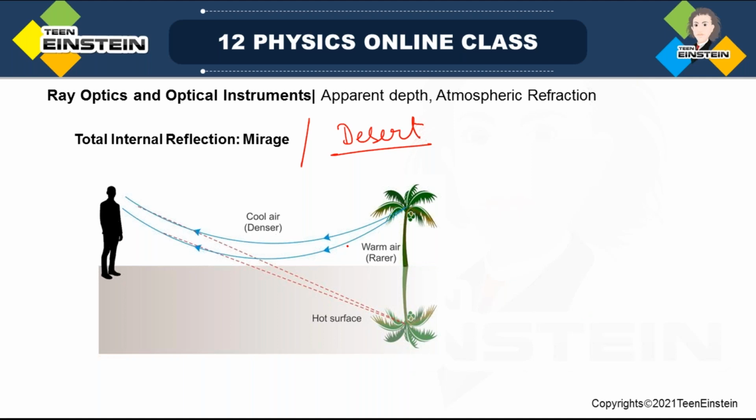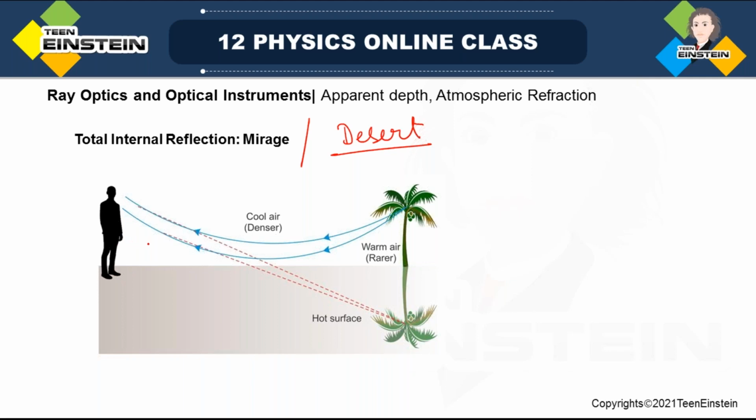This is again because of total internal reflection. Okay, so how does it happen? Suppose there is a tree far off in the desert from a person here, if you can see here.